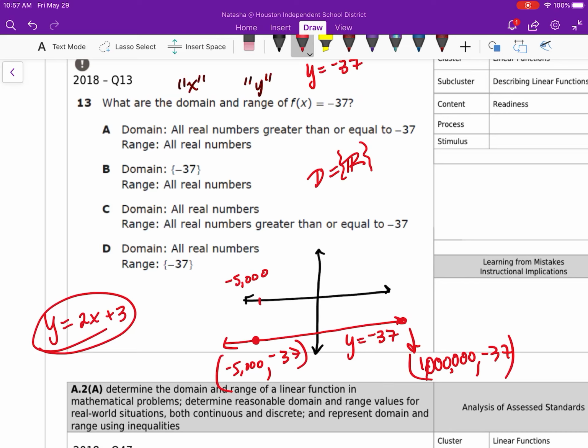So the domain is any real number, so we can eliminate A and B, and those are the only two we can eliminate based on the domain. But the range, just like we were talking about, is limited. Unlike other functions like y is equal to 2x plus 3, functions that have a slope other than 0 are not limited. But this one is limited, and it's limited to that y value only, negative 37. So my answer choice has to be D.